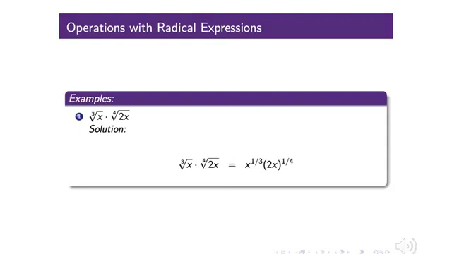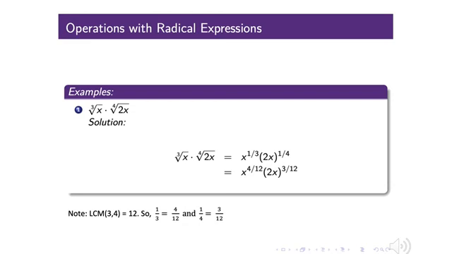First example, we have the product of the cube root of x and the fourth root of 2x. To solve this, first step, we rewrite the radicals as rational exponents. That is, the cube root of x times the fourth root of 2x can be expressed as x raised to the power of 1/3 times (2x) raised to the power of 1/4.